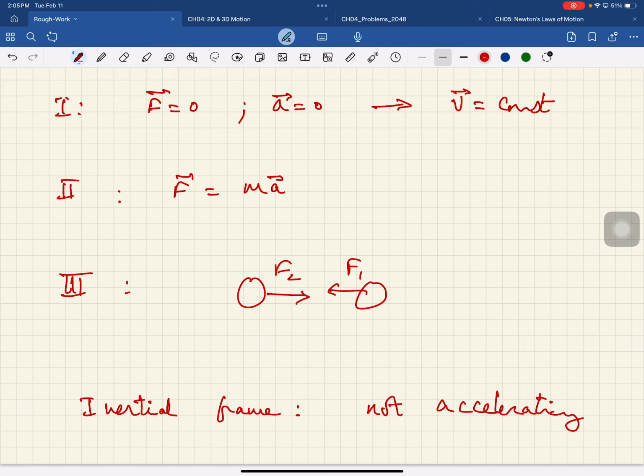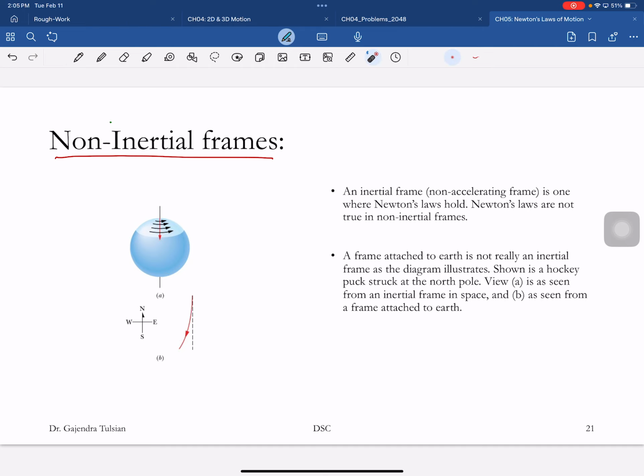So let me give you a counterexample. We're going to play ice hockey. We're at the North Pole and Santa Claus hits a puck, very hard. Let's say you're in a geostationary satellite.